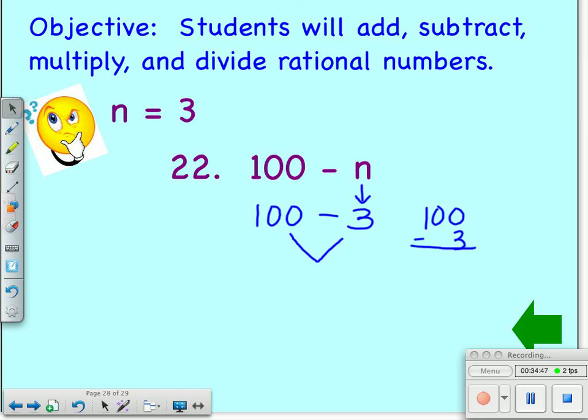So we'll do that. Borrow from the 1, make this one 10. We still don't have enough here to subtract, so we need to borrow from the 10, make it 9, and make this 10. Now we have 10 minus 3 is 7, 9 minus nothing is 9, and 0 we don't need to write, so the answer is 97.